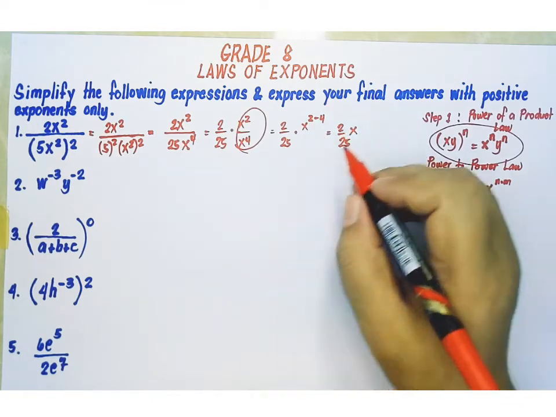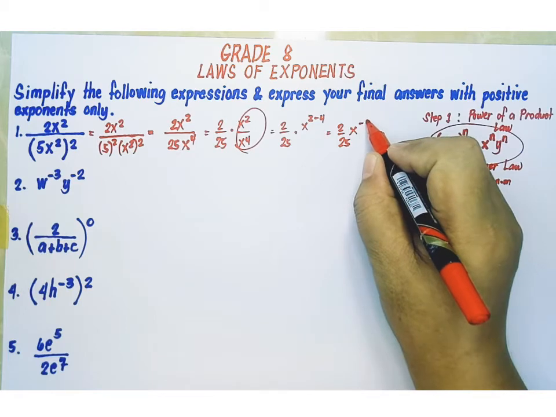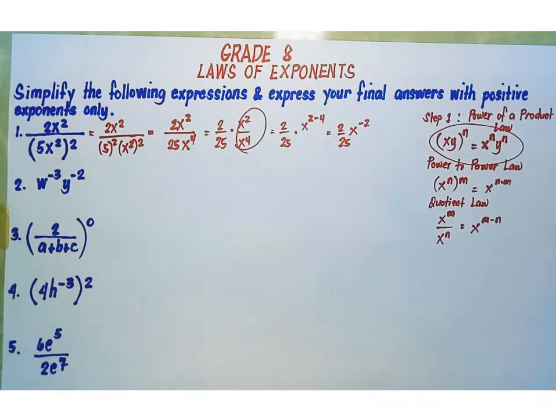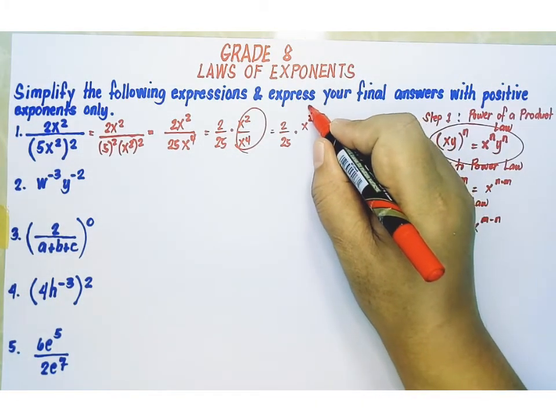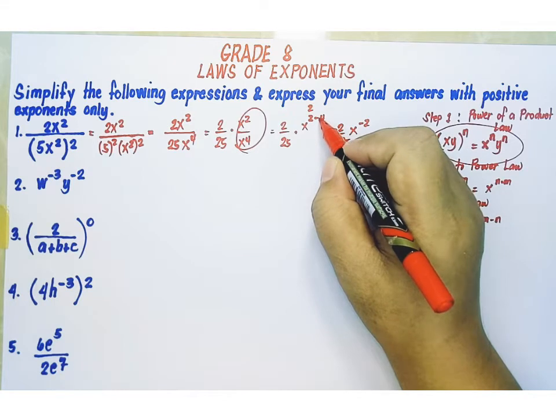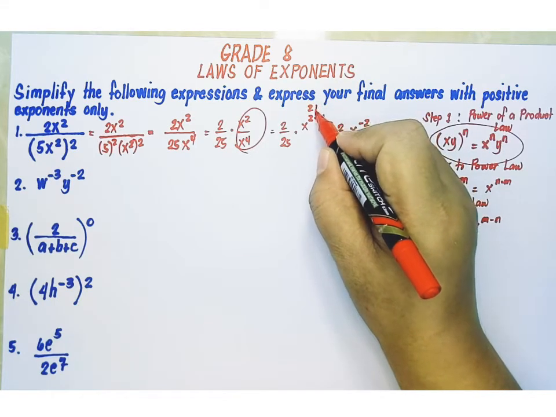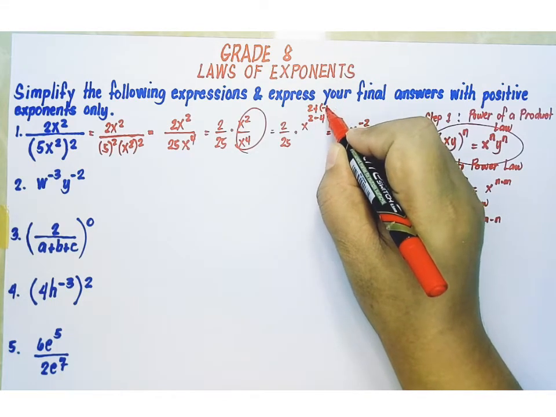What's 2 minus 4? It's negative 2. So I assume na master na ang subtraction of integers. Paano yon? Paano naging negative 2 yan? 2 minus 4 becomes 2 plus negative 4.